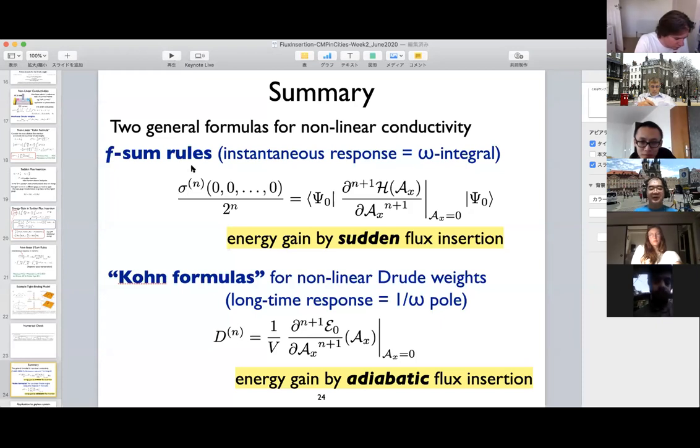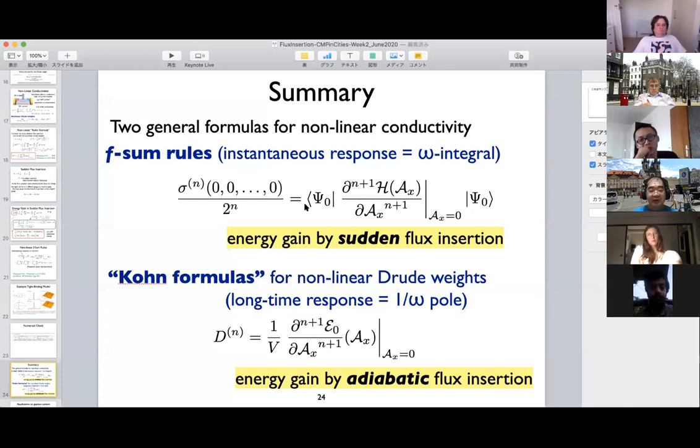But it has a very natural generalization in this compact expression. And the other main result is the generalization of the Kohn formula for the nonlinear generalization of the Drude weight, which corresponds to a coefficient of the 1 over omega pole in frequency space. And this nonlinear Drude weight has a very similar expression as the F-sum rule.